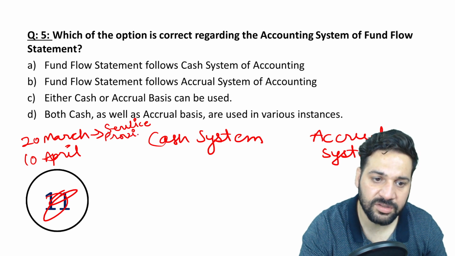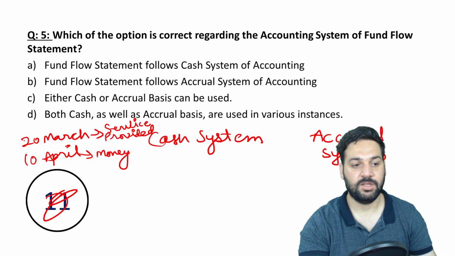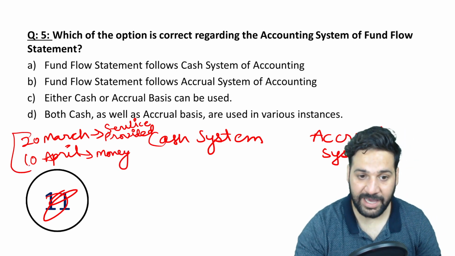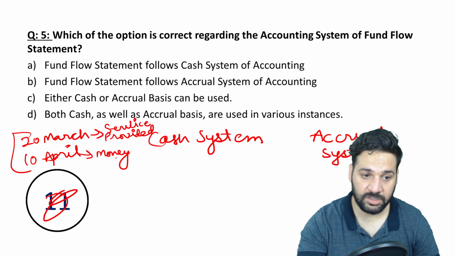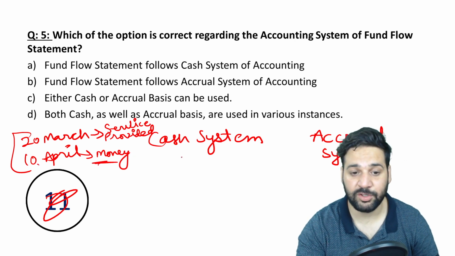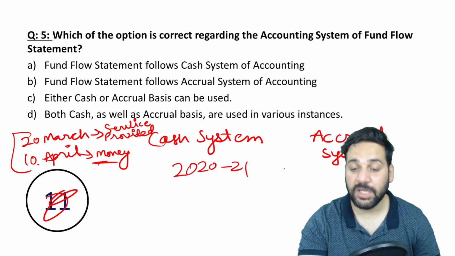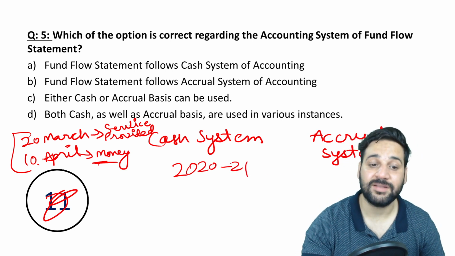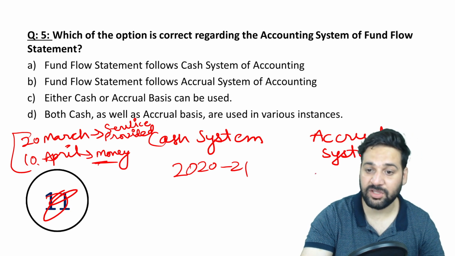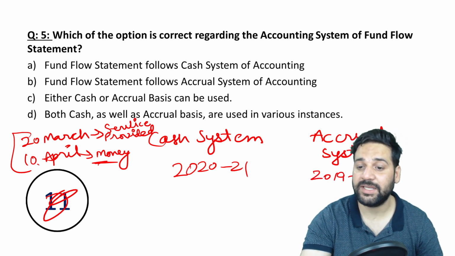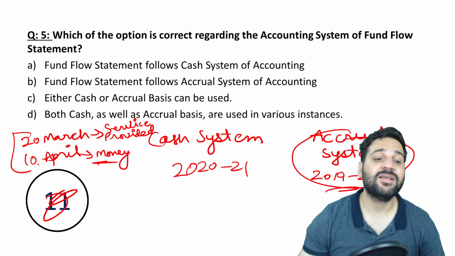If you are following the cash system, this income would be recognized in the next year, let's say 2020-2021. But according to the accrual system, as it was before 31st of March, it would be recorded in 2019-2020. So that is the accrual system.